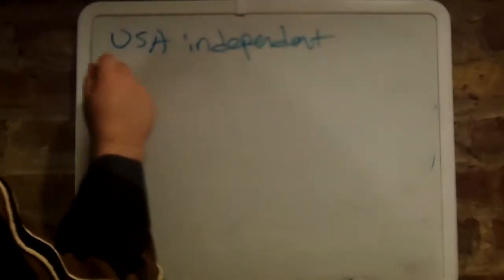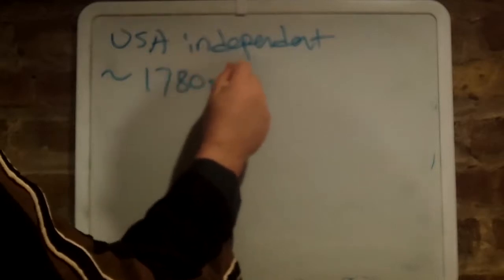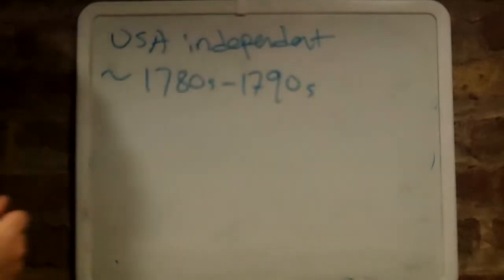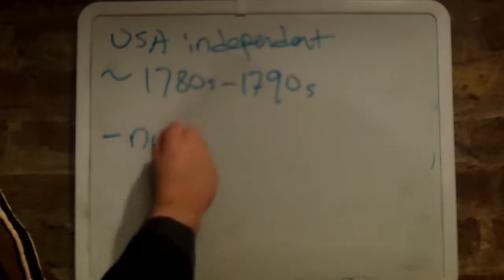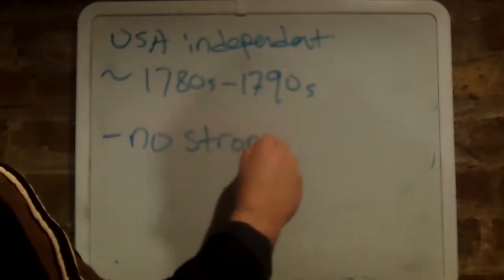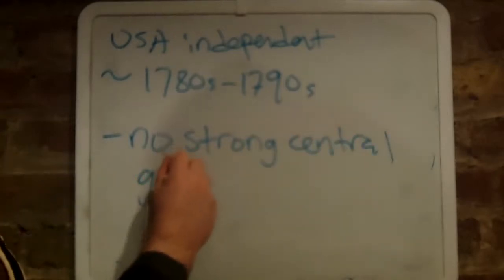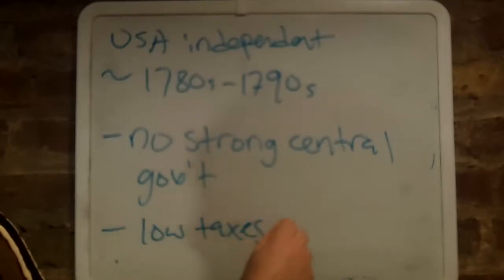So this takes us to about the 1780s and 90s. At this time, the nation was just a loose association of states, so there was no strong central government yet. And that caused various problems, such as low taxes and revolts.